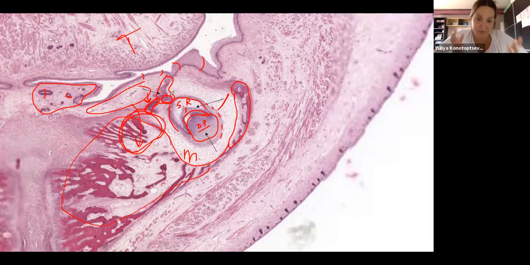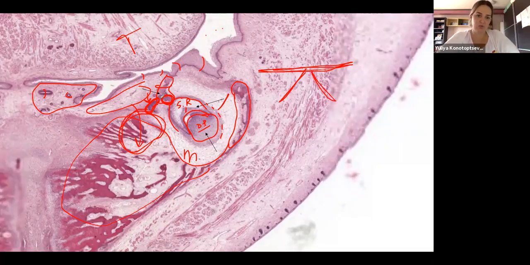If we're being very specific, dental lamina is this. This is vestibular lamina, and this is still your oral cavity epithelium. So both of them are sitting next to each other, okay? You can imagine oral cavity epithelium, and then vestibular lamina, dental lamina. It should look like this in theory.